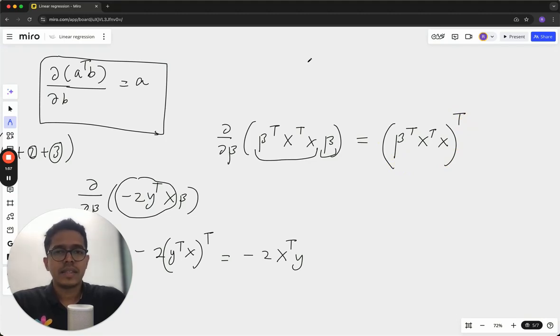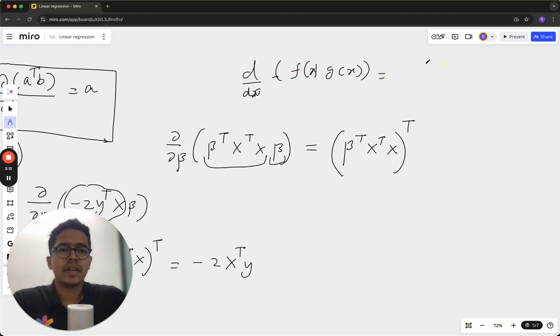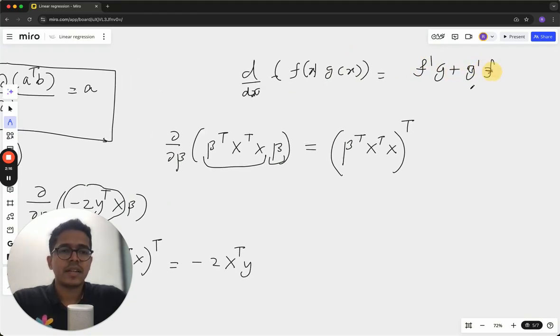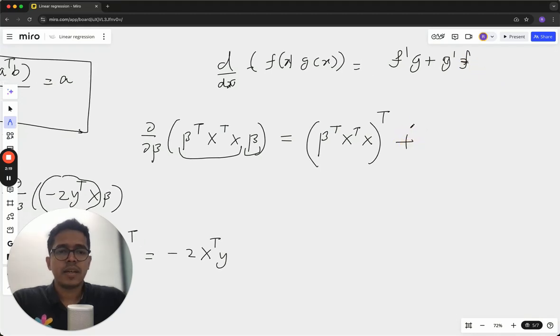It's like this. So for example, d by dx of f of x g of x equal to f prime g plus g prime f, right? Something like that.